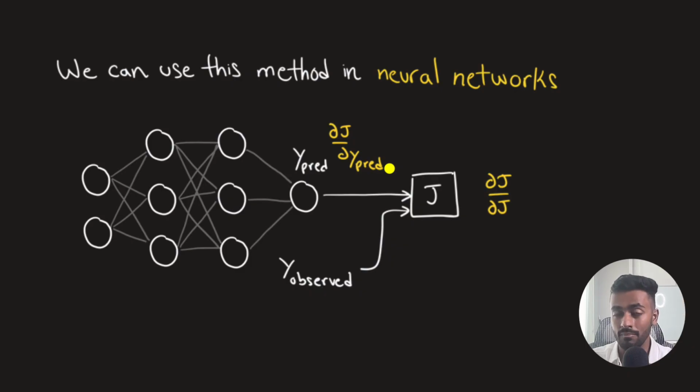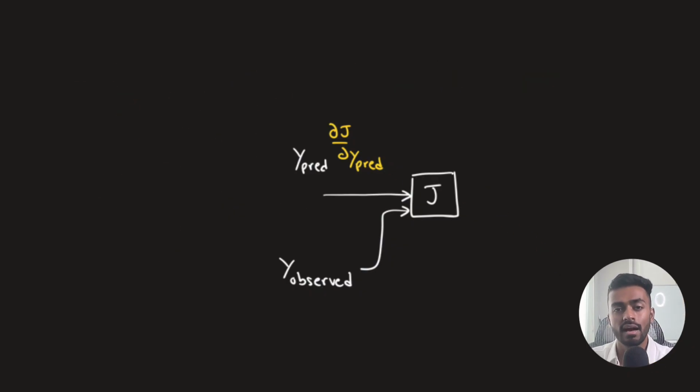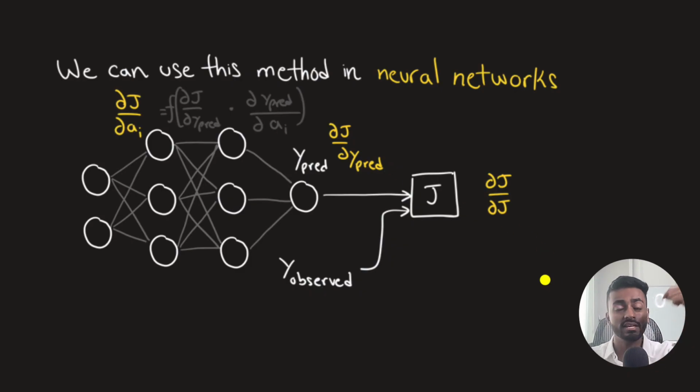It's an easy computation. And then what we can do is continuously use the chain rule in the reverse direction, like we saw before in our computation graph, in order to get the partial derivative of the cost with respect to every single edge weight or every single parameter in the network.